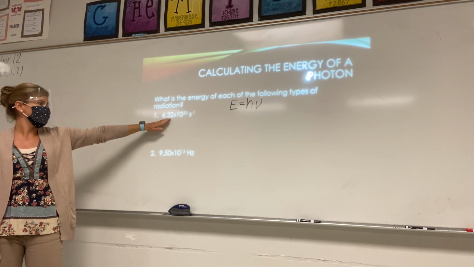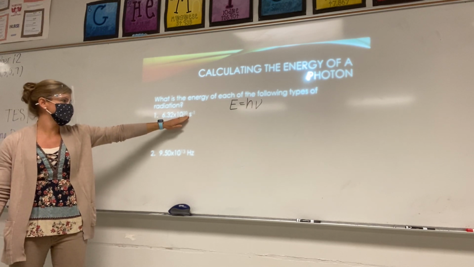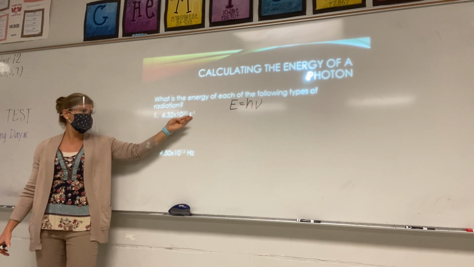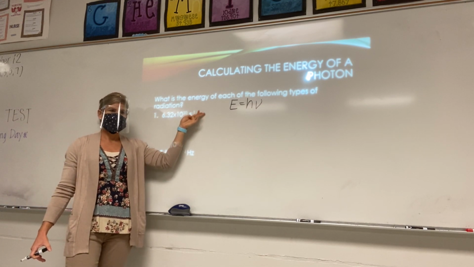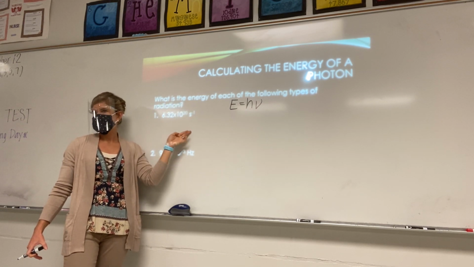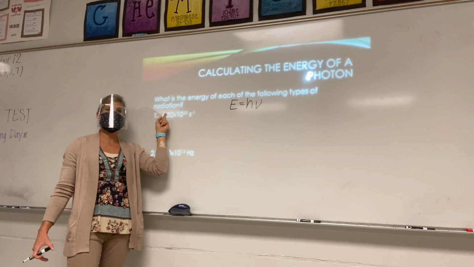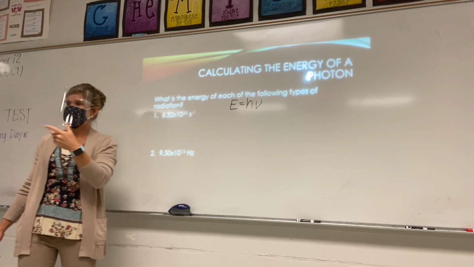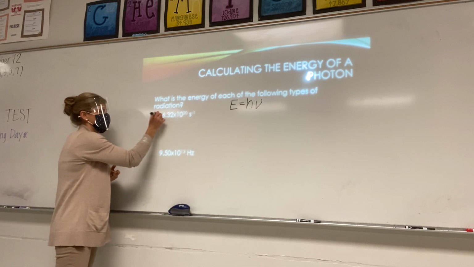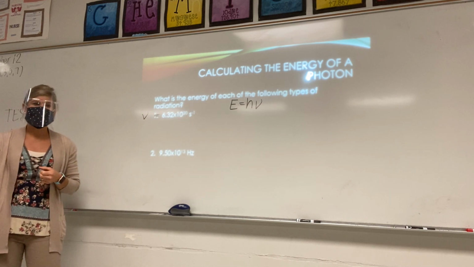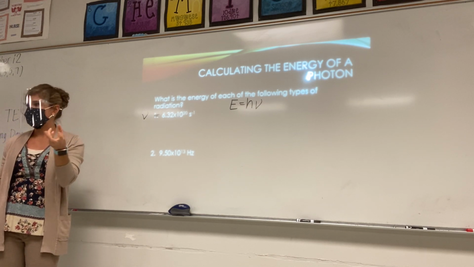Here's my first value, 6.32 times 10 to the 20th, s to the negative 1. Since it says s to the negative 1, what is this value going to be then? Hertz. Okay, so is it frequency, wavelength, or energy? Frequency. So make sure you know your units. That way if I give you a value, you know what it is talking about.